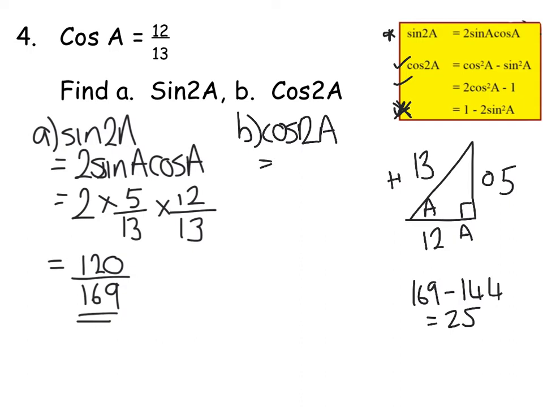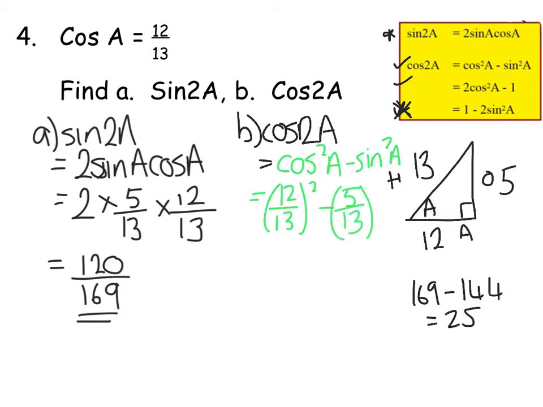Oh no, I need my triangle. Right, I'm going to change my pen colour so it doesn't all bleed in together. So I'm going to do cos squared A minus sine squared A. So cos squared A would be 12 over 13 squared, take away sine A was opposite, so 5 over 13 squared.